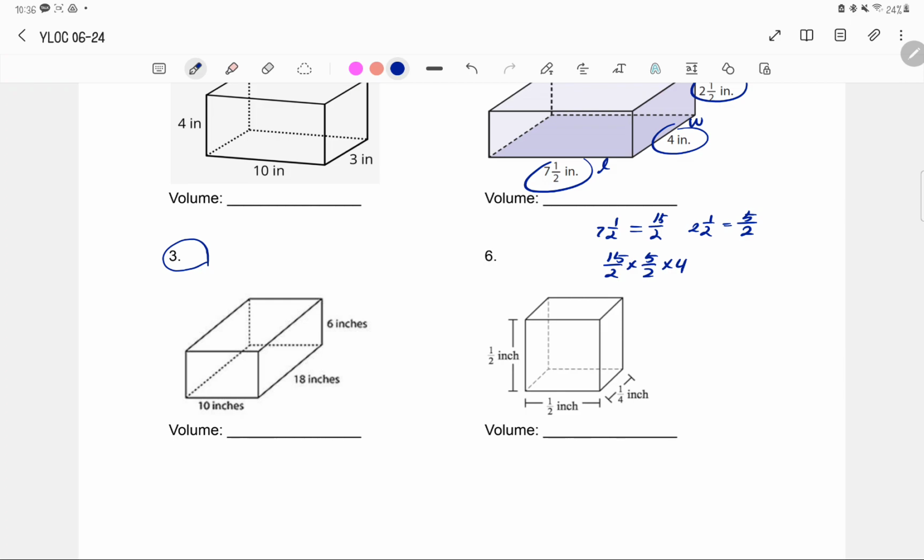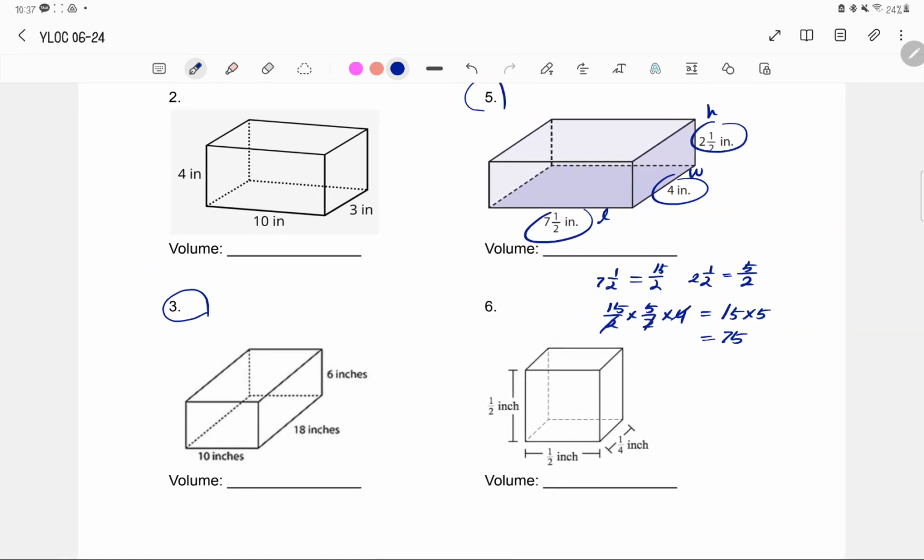It is good for you to simplify if you can. Just 15 times 5 is equal to 75. Okay, nice. And the units.